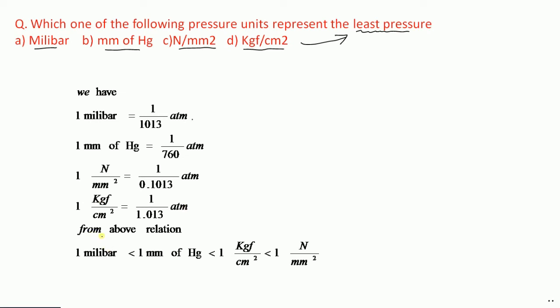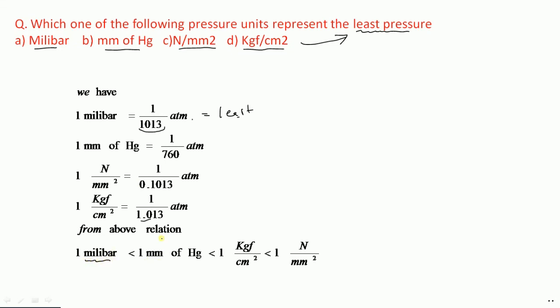From the above relations we can see here millibar denominator is a bigger value, so it gives the least value, because 1013 is bigger than 760 and the other two values. Therefore 1 millibar is the smallest value.